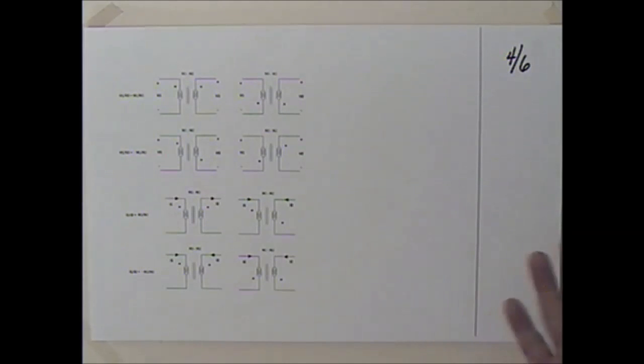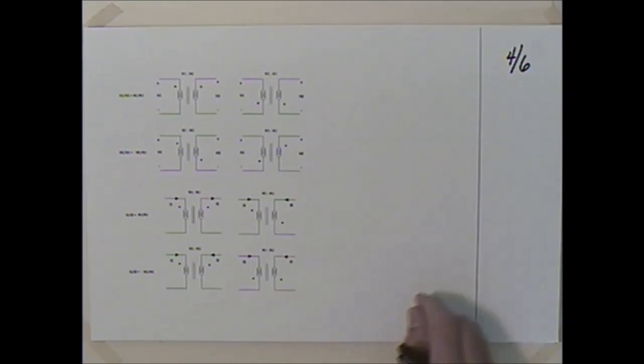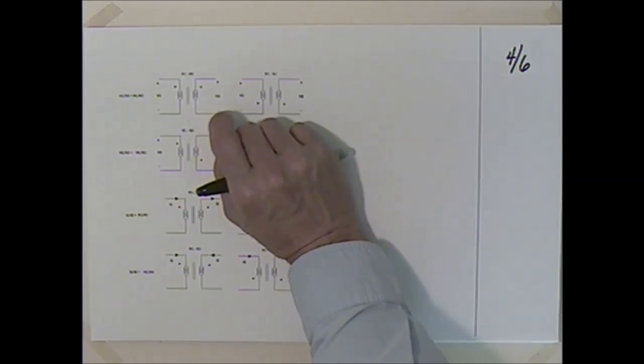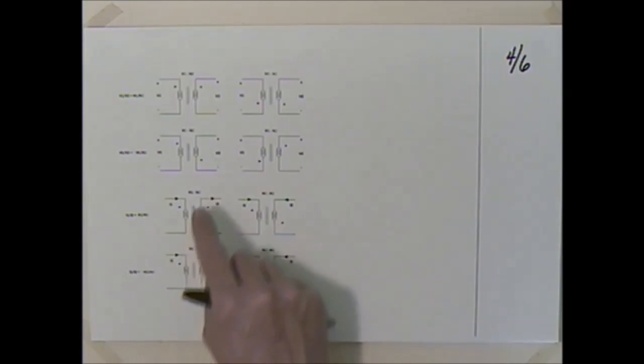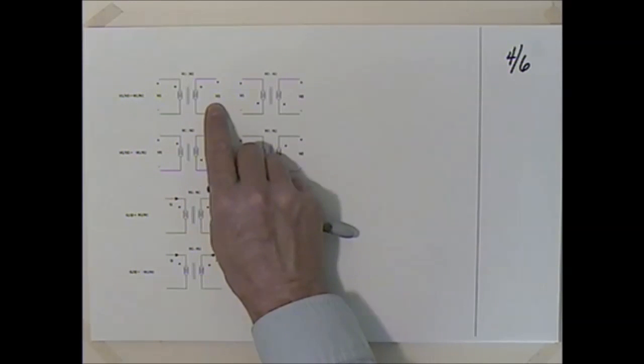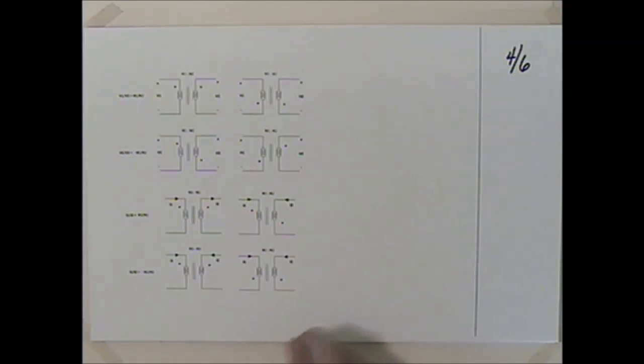And if you need this chart on a final or something like that, I will make sure that I provide it to you. What this gives you is, based on your turns ratio, and this indicates an iron core, which is going to be a high efficiency transformer, and based on different dot arrangements and different polarities of your primary and secondary voltage, or primary and secondary currents, you have the relationships between those currents based on the dots and the directions and the polarity and so forth.